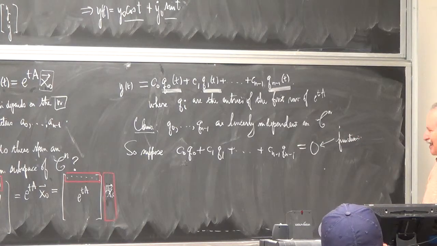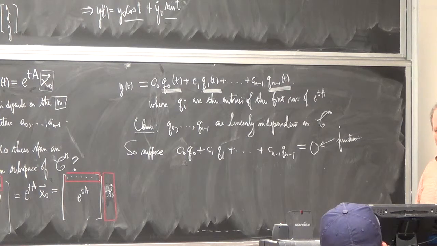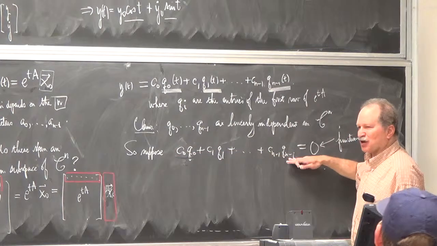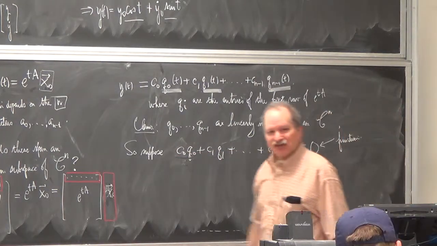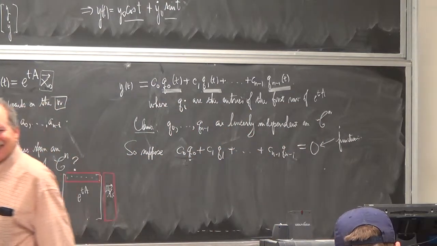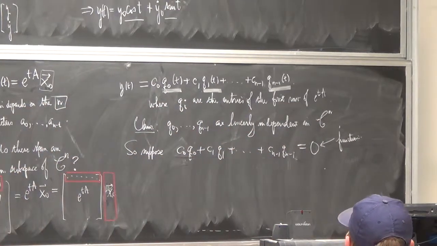This is the 0 function. It's 0 for every t. So for all t, this expression evaluated at t is 0. We will show C naught equals C1 equals Cn minus 1 equals 0.